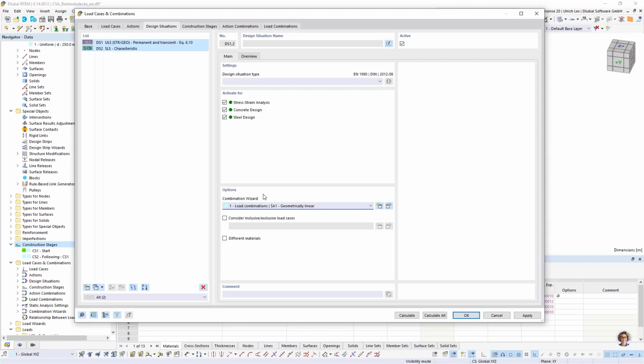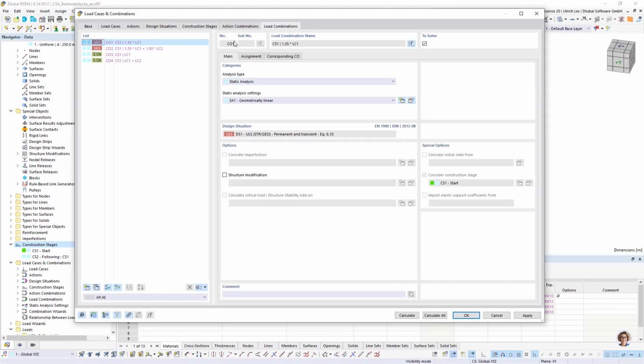Okay, when I do this, we see that the load combinations are created automatically for my design situations, and in stage 1 only load case 1 and load case 2 are acting.